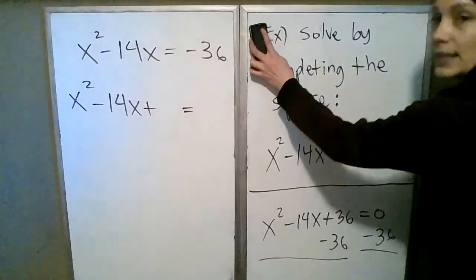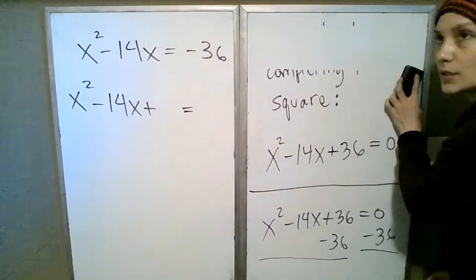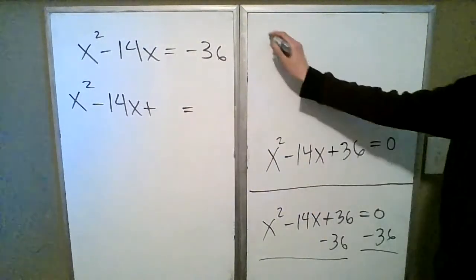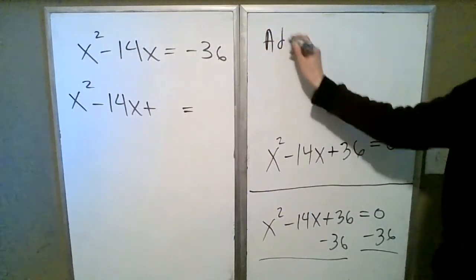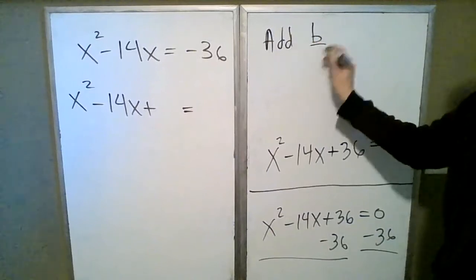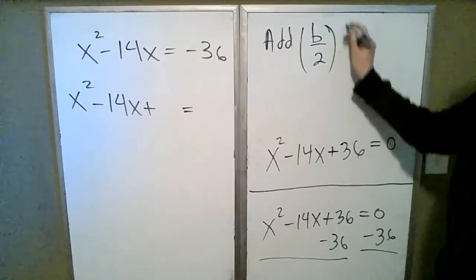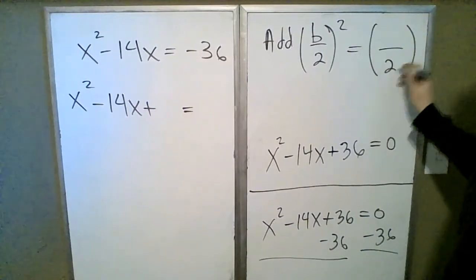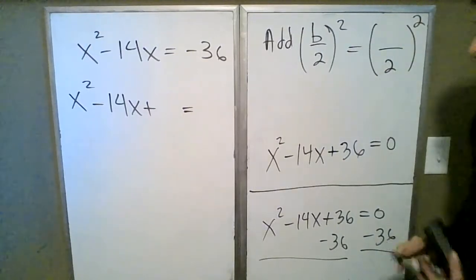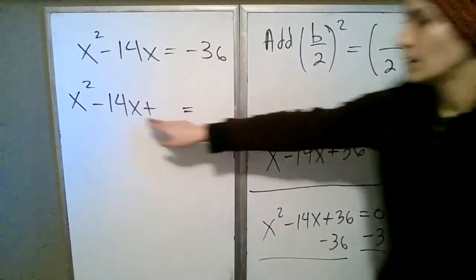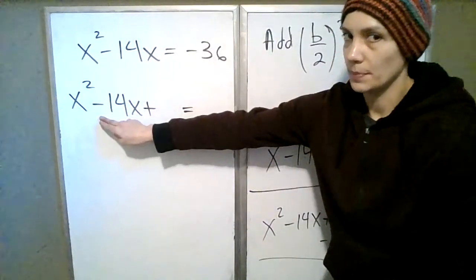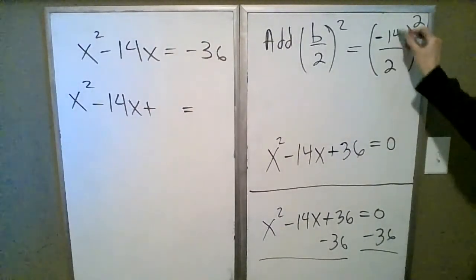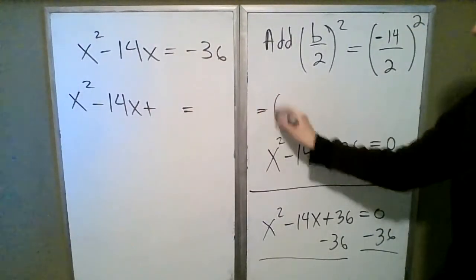Okay, and that thing is b divided by 2 squared. All right, we're here with negative 14 for b. It's negative 7 squared.